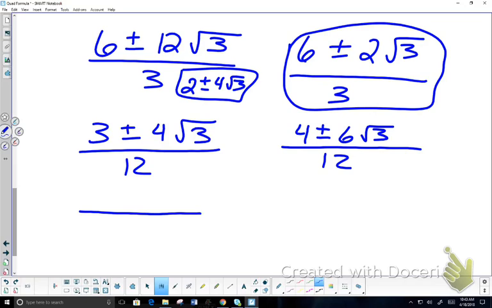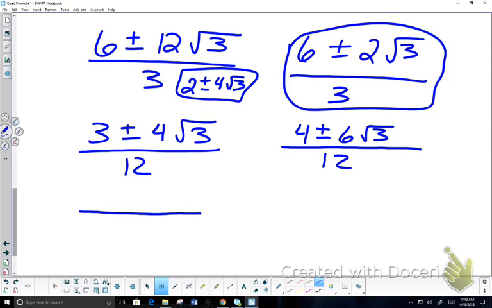So let's be clear. There's not a number that will divide into 3, 4, and 12. Do you agree? Is there a number that will divide into 4, 6, and 12? Aren't they all even? So then we know 2 is going into it.